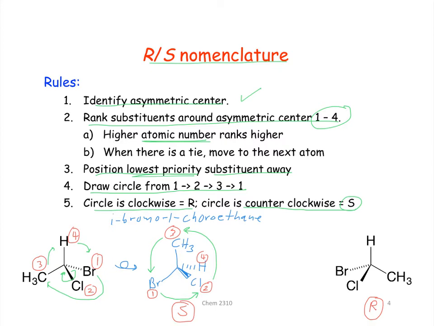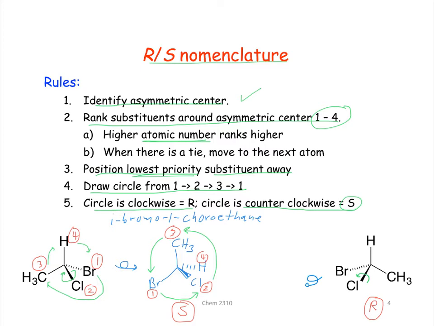So let's just prove to ourselves that this would work like this. So let's do the same process that we did before. I'm going to rotate this around the chlorine. I could do it in various ways, but this is just the way I've chosen here to get the number 4 in the back.